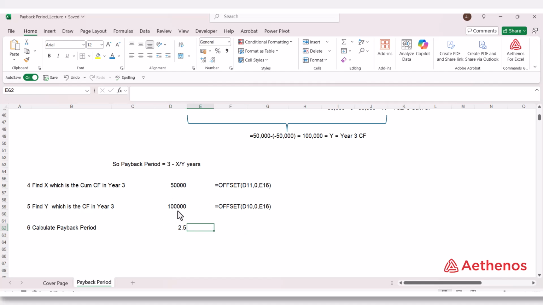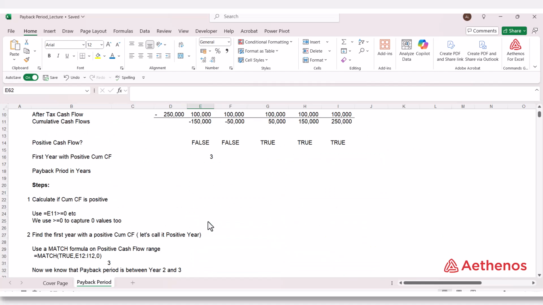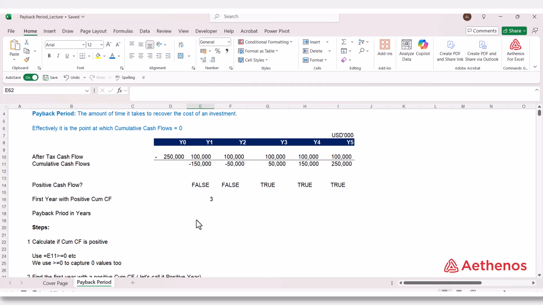So now that we are clear on how we did the calculation, we can straight away do the calculation over here. So here we have a MATCH function which found the year when the cumulative cash flow became positive.